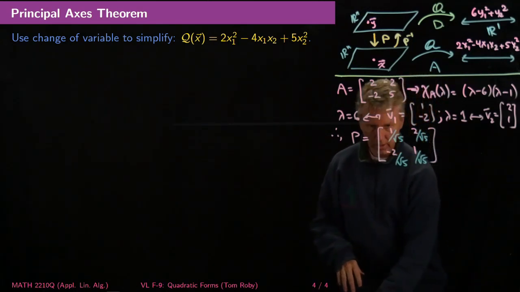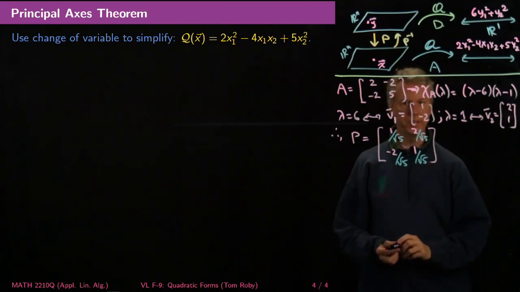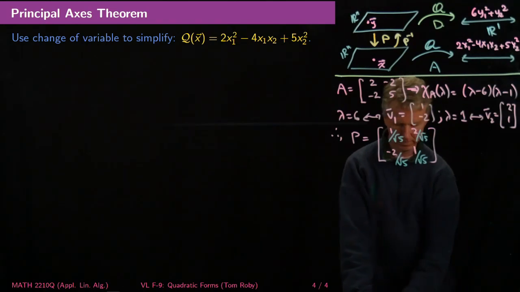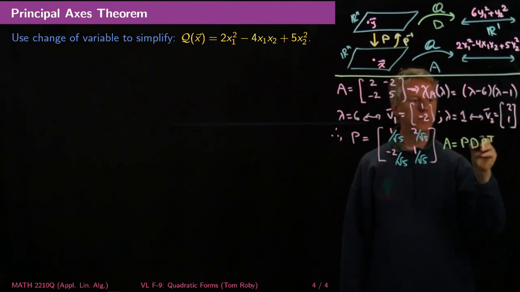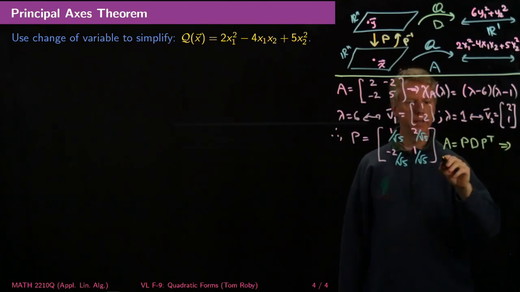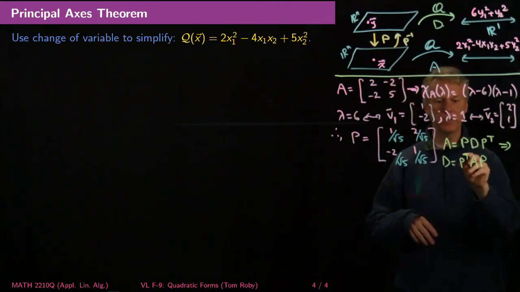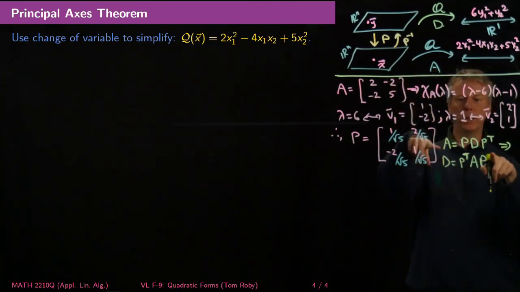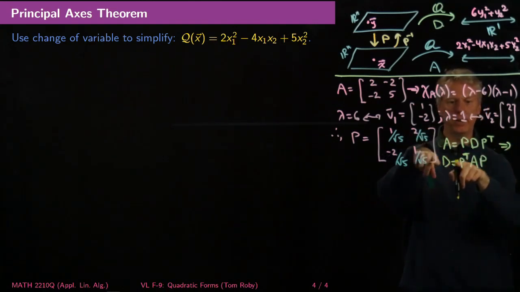Good. So now with this P, we get A equals P D P transpose, which implies that D equals P transpose A P. Remember, P transpose is P inverse in this case, so I just multiply by P transpose on one side and P on the other, and I get P transpose A P over here, and D by itself.